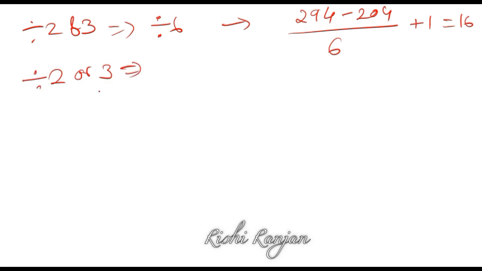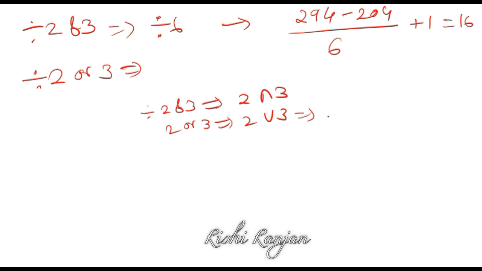Between 2 and 3 and 2 or 3, understand? 2 and 3 means 2 intersection 3. 2 or 3 means 2 union 3. You can compare like this. But when we have to find 2 union 3, if you remember, we actually have to find the 2 plus 3 minus 2 intersection 3.